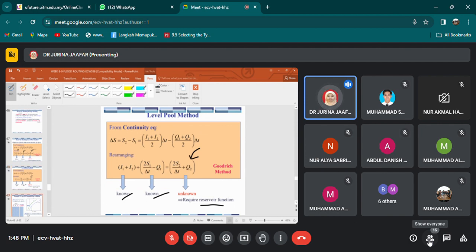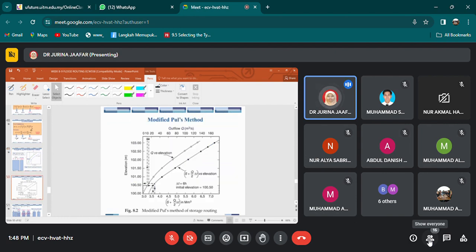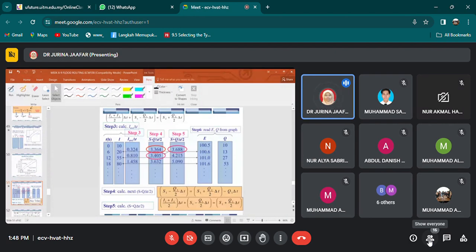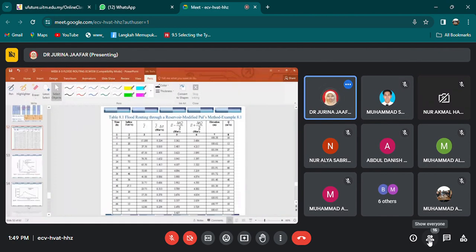Okay, kalau tengok pada your example ni, yang the one I share adalah example 8.2. Example 8.2. Okay, example 8.2 ni adalah kita perlu mengira... okay, sekejap I tunjuk.